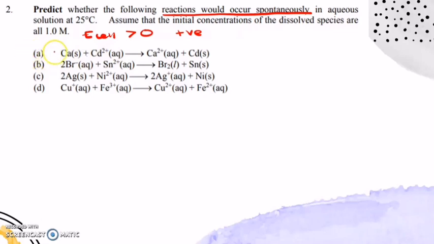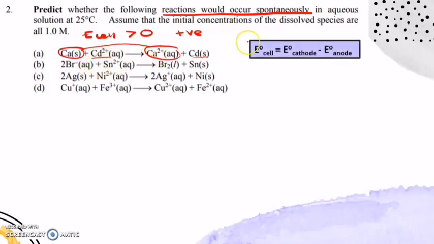Let's look at question A. From the overall equation, we can see that Ca solid becomes Ca2 plus aqueous, which indicates that Ca undergoes oxidation, and this will be the reaction at the anode. Cd2 plus produces Cd solid, which means that Cd2 plus undergoes reduction and occurs at the cathode.